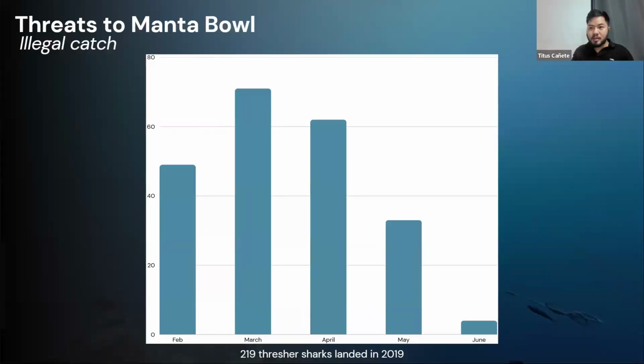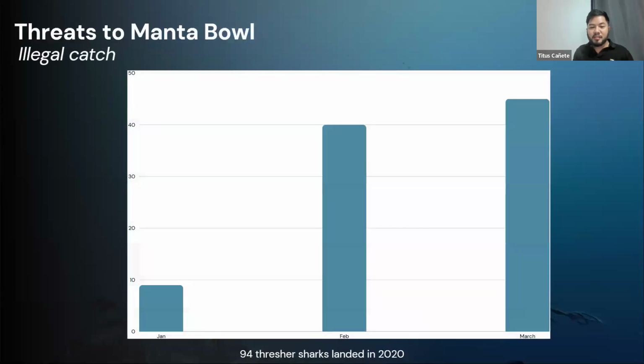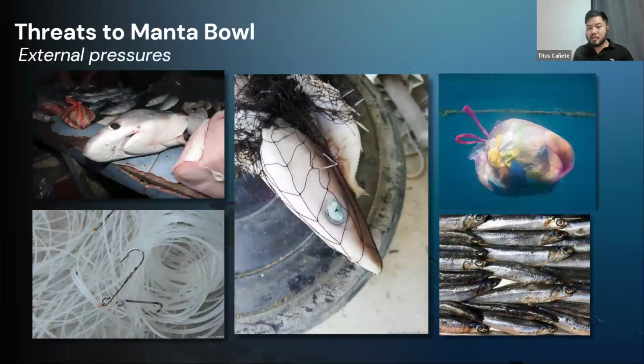We found through both the use of the tech and through interviews that there are still threats to the manta bowl, such as the illegal catch of these protected and endangered species, such as around 219 thresher sharks that were landed in 2019 and about 94 landed in 2020. And we found that there are external pressures and threats to the manta bowl, which include the accidental catch of these endangered species, such as thresher sharks, or there's also targeted catch.